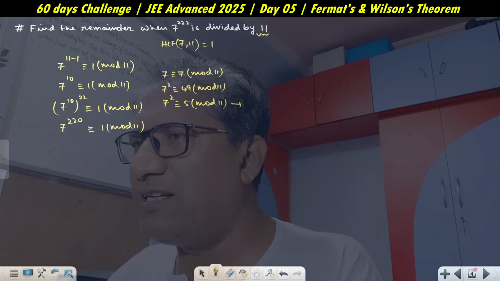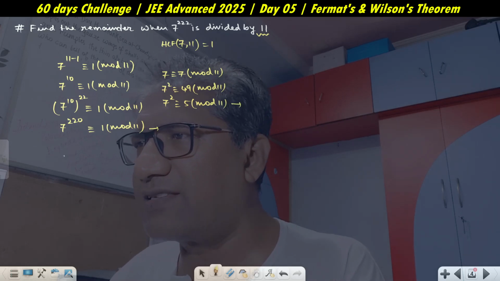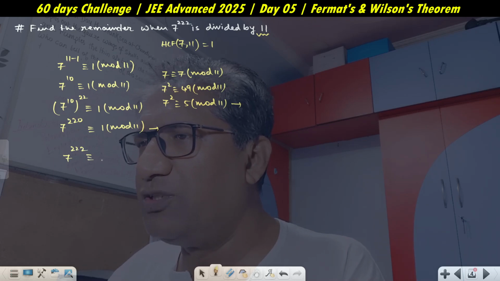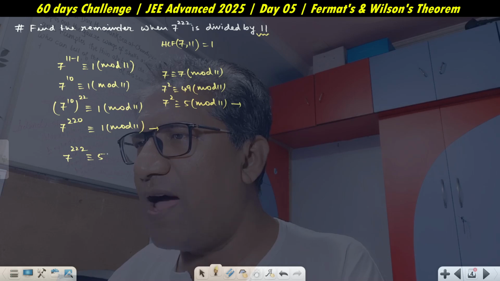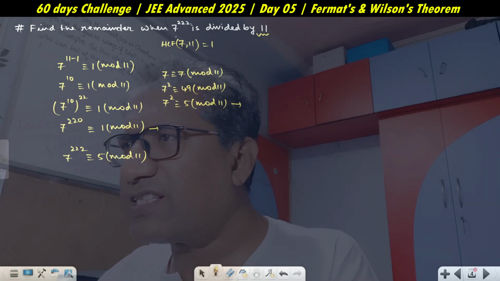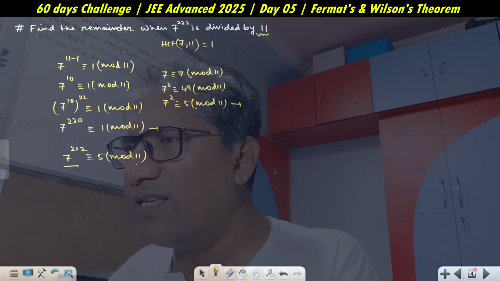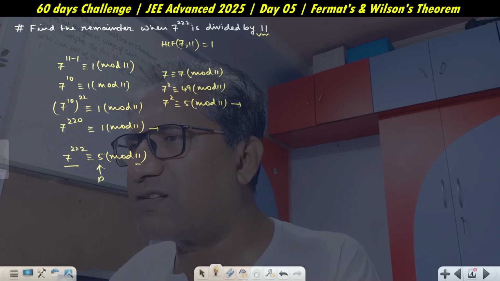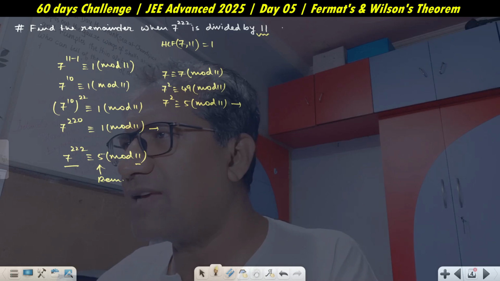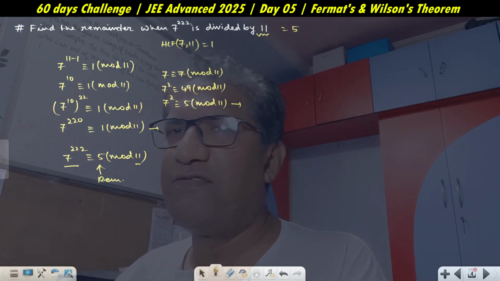And let me multiply these two corresponding sides. We are going to have 7 to the power 222 is 5 into 1 modulo 11. That is, when 7 to the power 222 is divided by 11, the remainder is 5. Hence, the answer in this case will be 5.